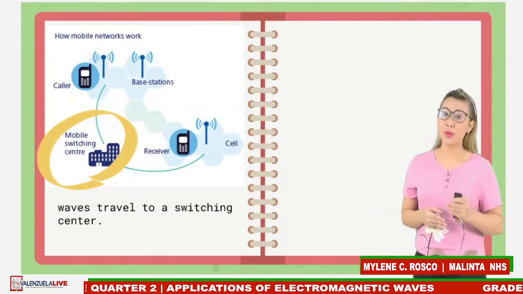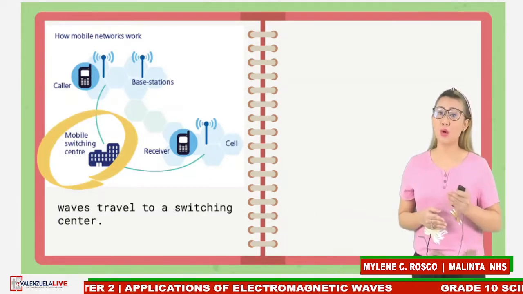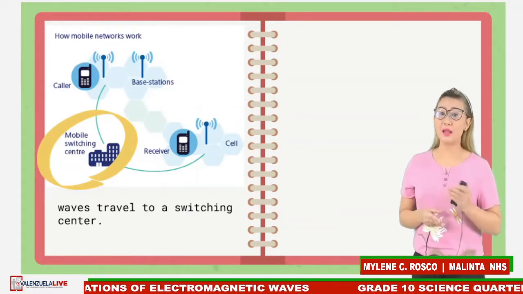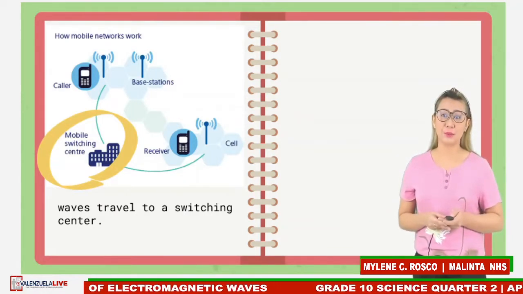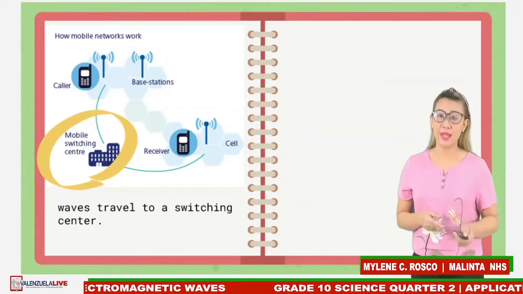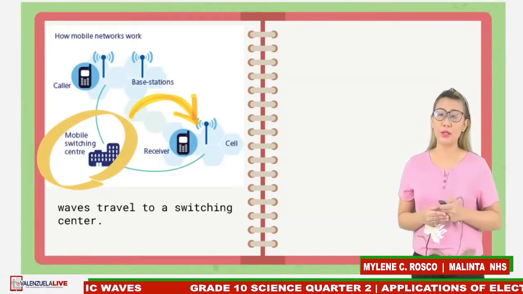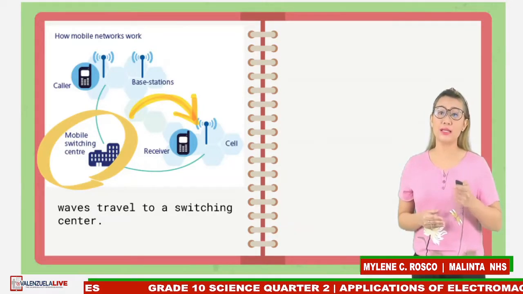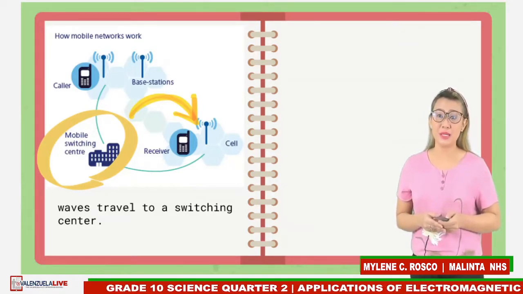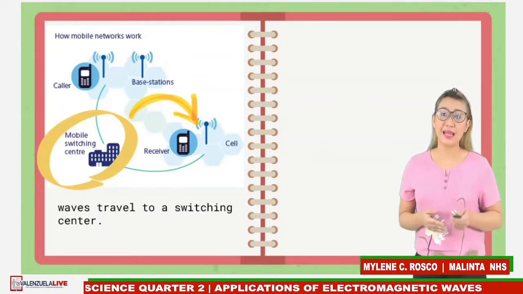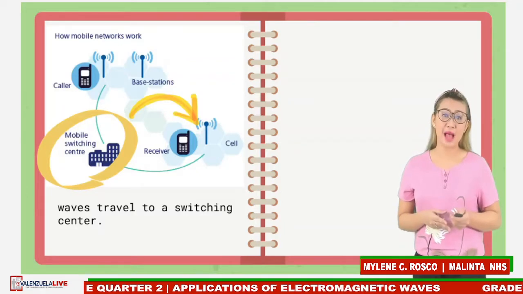A mobile switching center is a core part of the GSM network system, and it acts as a control center. From there, they go to another cell tower, and from the tower to the receiver of the person being called. The receiver changes the encoded microwaves back to sounds.